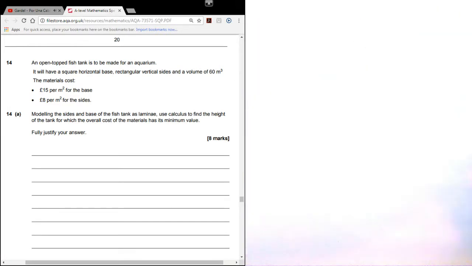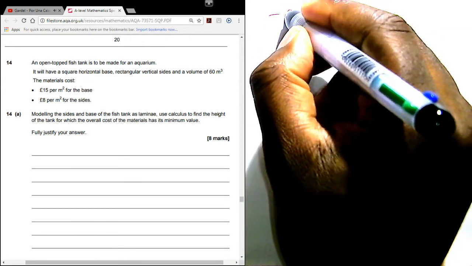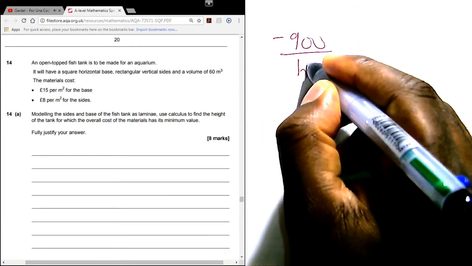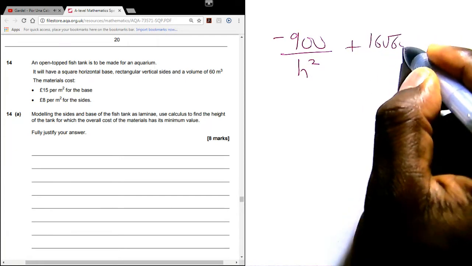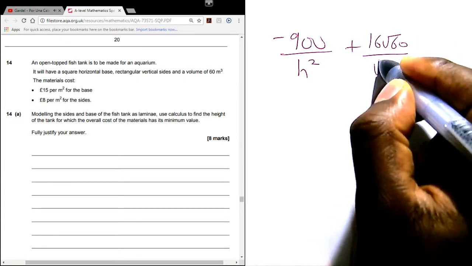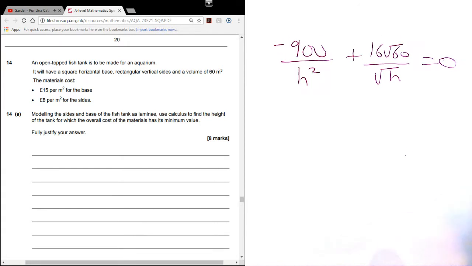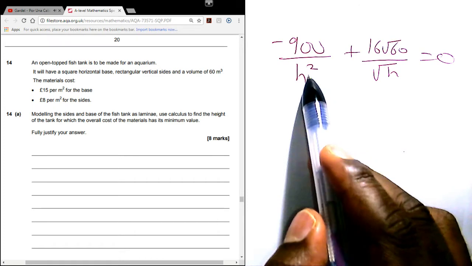Okay, so we said minus 900 over h squared plus 16 root 60 over root h equals 0. Multiply both sides by h squared so that we don't have that any longer.